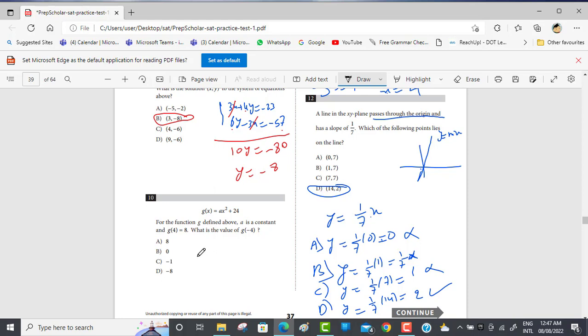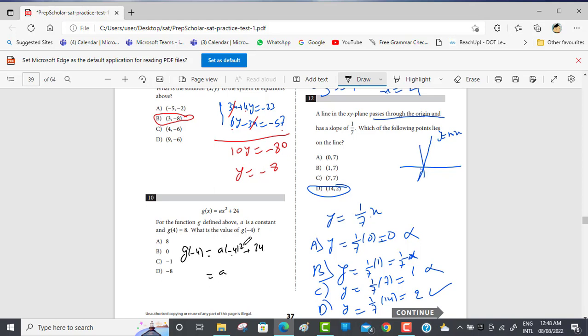There are two different methods. You can use g of 4 equal to 8, replace it in the equation, and get the value of a, and in this case you can calculate g of -4. But actually there is another easier way, this method that we talked about. It is correct, but if you try g of -4, it is a times -4 squared plus 24.